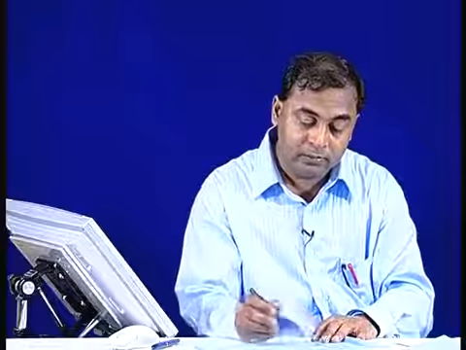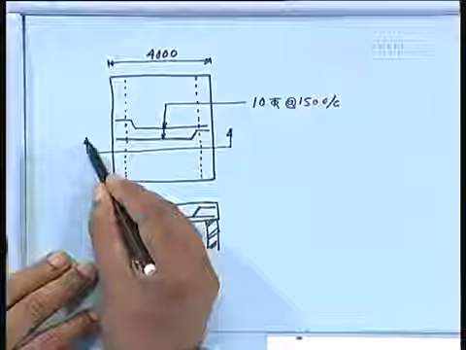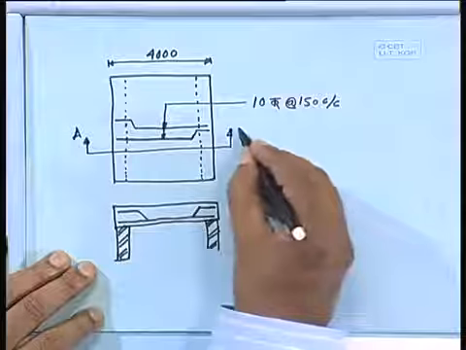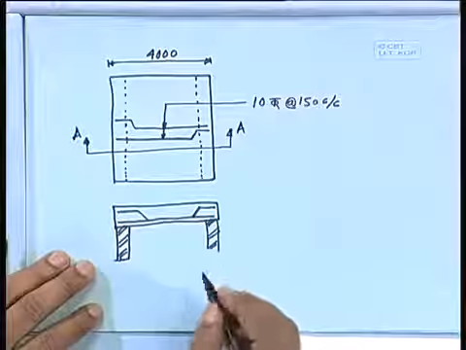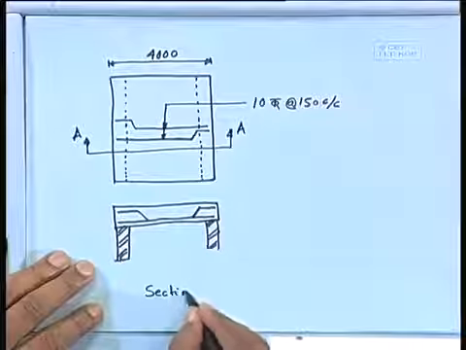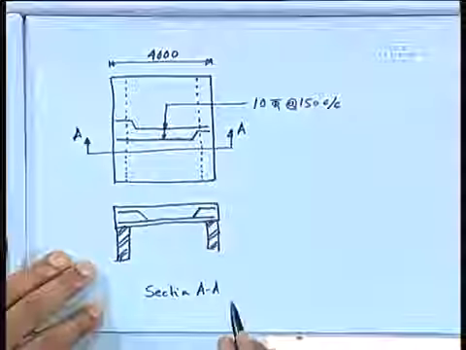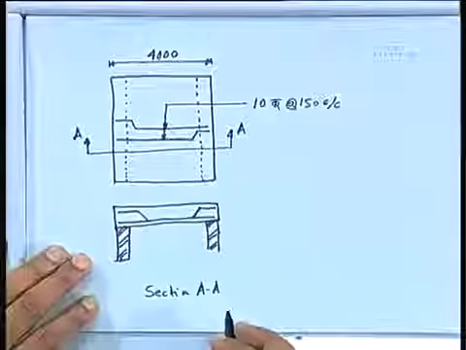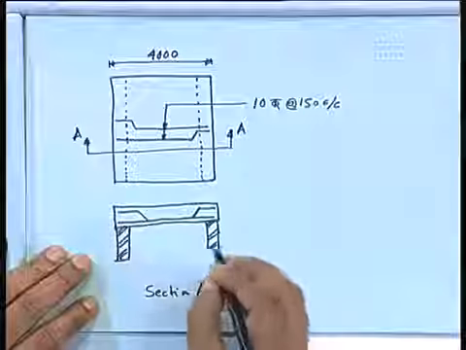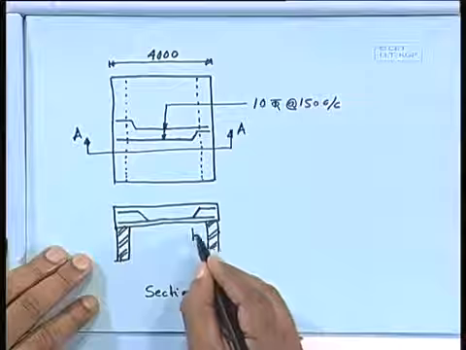And if we take a section here, let us say this is section AA. And we have to provide where shall we crank?